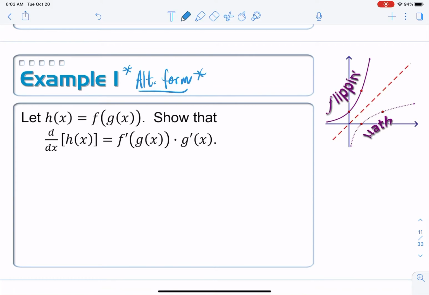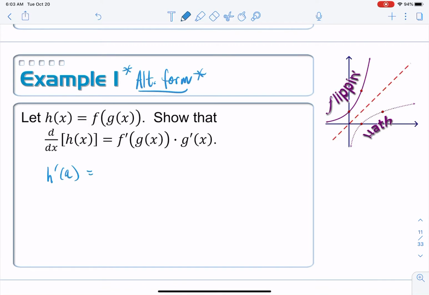Let me just remind you that, let's say we have a function and we're going to take its derivative. I don't take it at x, I take it at some value of x, which I will call a.